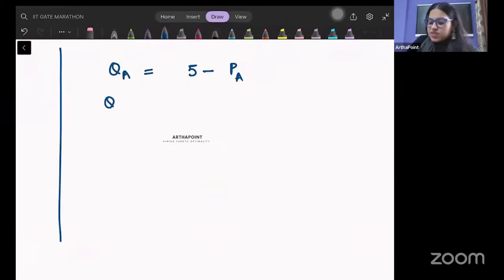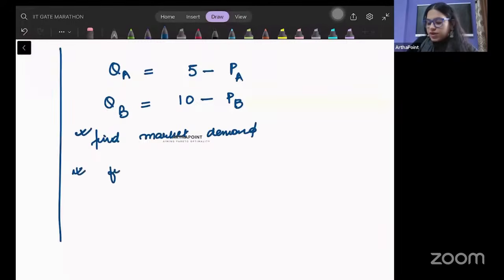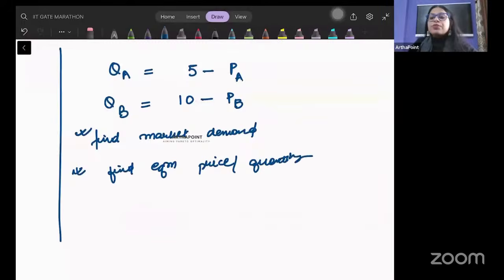And the quantity of the second individual is given as, suppose, 10 minus PB. And I'm asking you to find market demand, and sometimes it will ask you to find equilibrium price or equilibrium quantity. They will give you the supply curve.